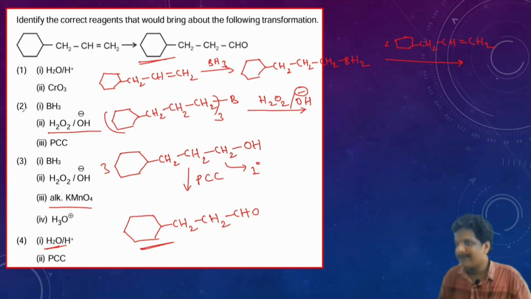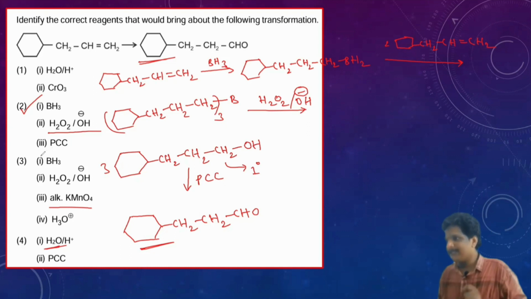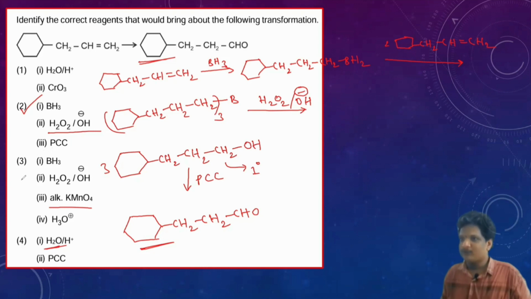So the correct option is option 2, which is BH3, then H2O2 in basic medium, and PCC, pyridinium chlorochromate. Is it clear, all of you? Now let us move on to the next question.